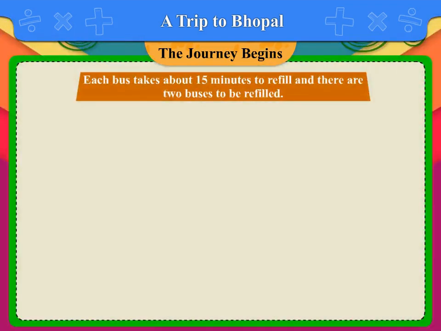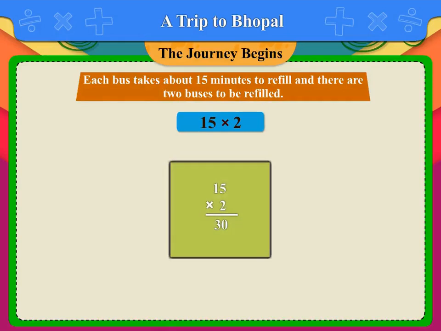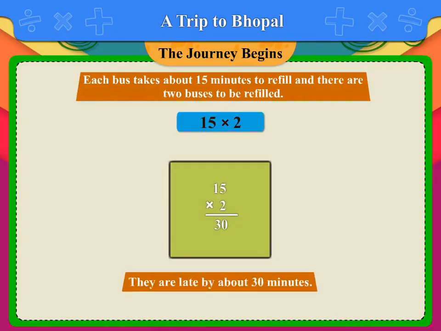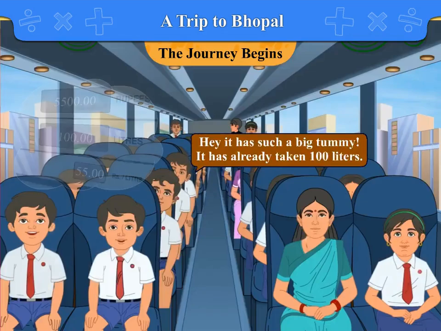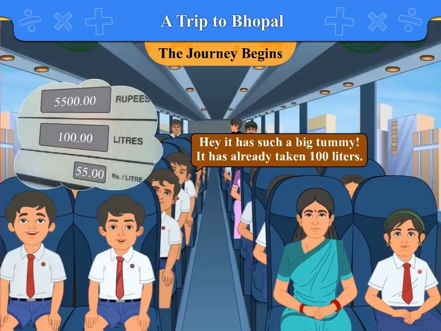Each bus takes about 15 minutes to refill and there are 2 buses to be refilled. So, they stopped there for about 15 times 2, which is 30 minutes. Which means they are late by about 30 minutes.